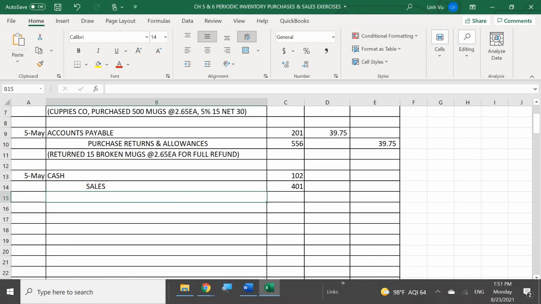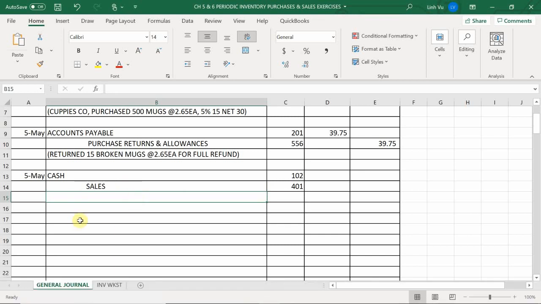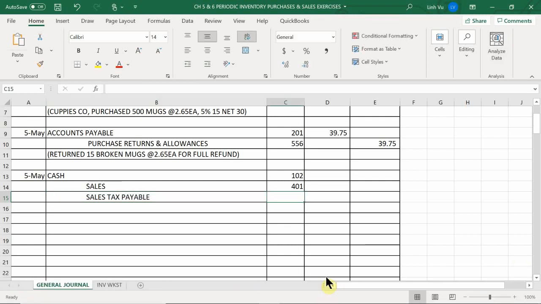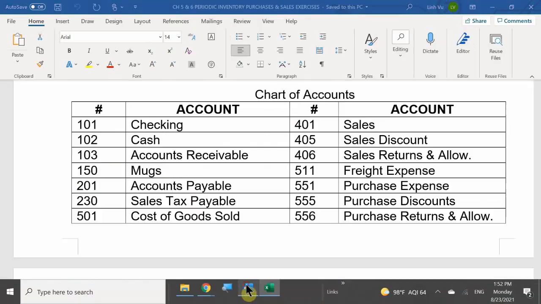What other account do we have to charge when we make a sale? The taxes. You have to charge sales tax, which is account number 230.